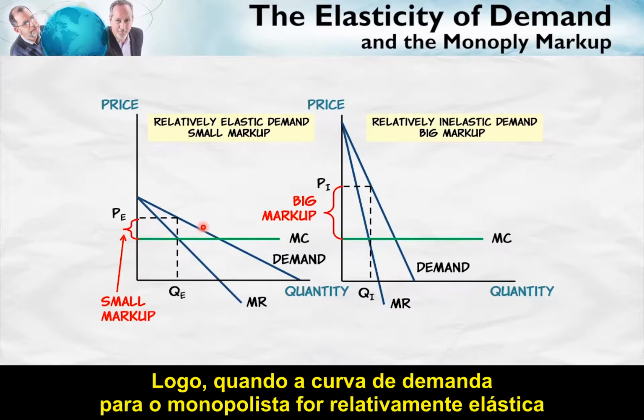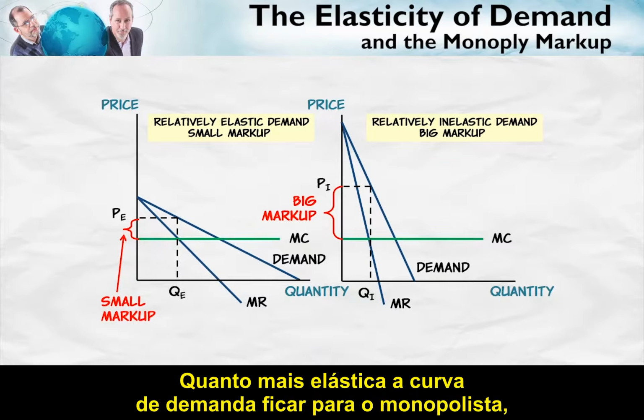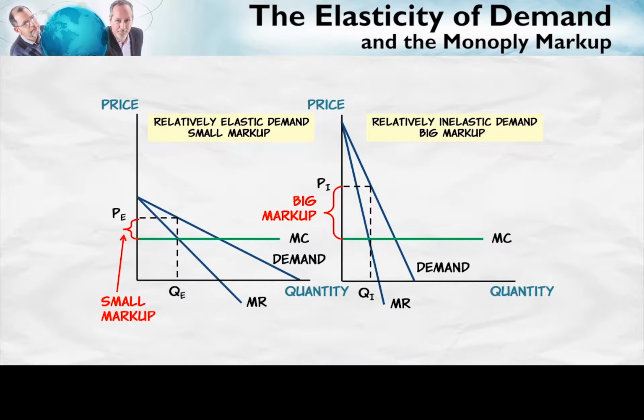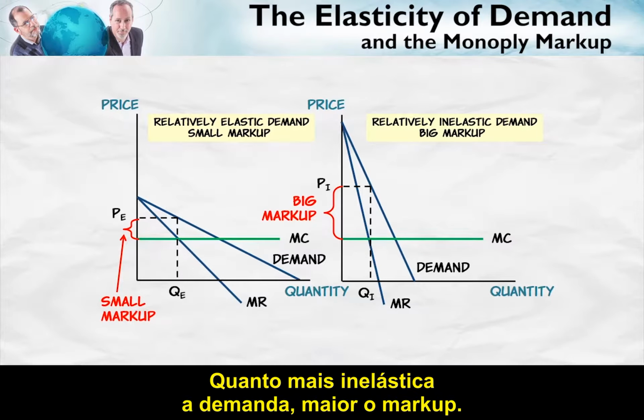So when the demand curve for the monopolist is relatively elastic, price is going to be close to marginal cost. And the more elastic the demand curve gets for the monopolist, the closer the monopolist's profit maximizing output is to that of a competitive firm. Price gets closer to marginal cost. Okay, very good. Again, remember, big lesson, the more inelastic demand, the bigger the markup.